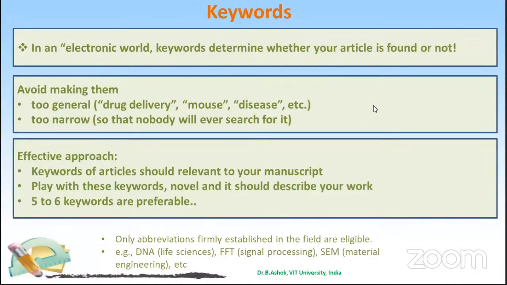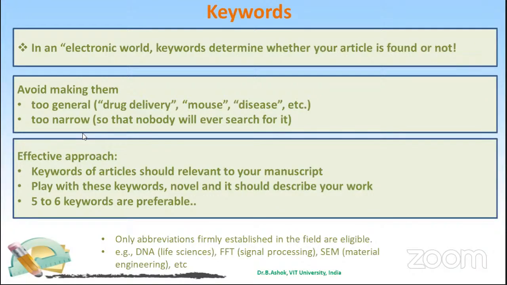And of course the keywords. While selecting keywords, you have to be very careful and spend some time, because preferably 5 to 6 keywords are needed for the current scenario. Depending upon these keywords only, as I said earlier, your paper will appear on top in the search engine. So effective keywords have to be selected.